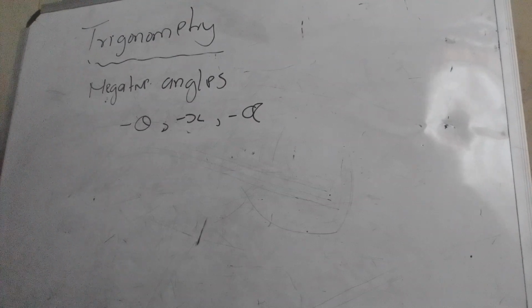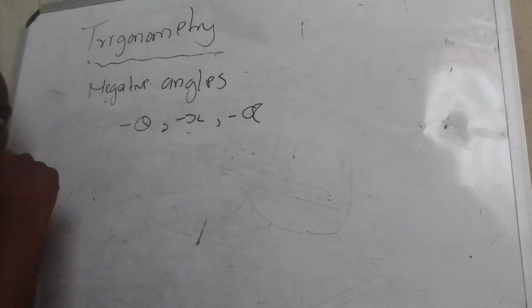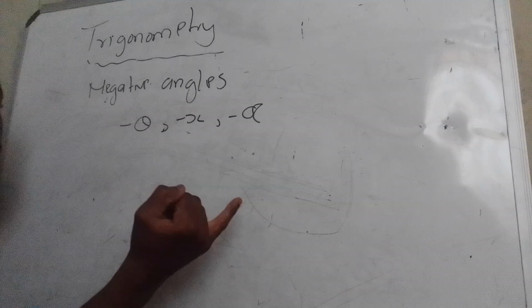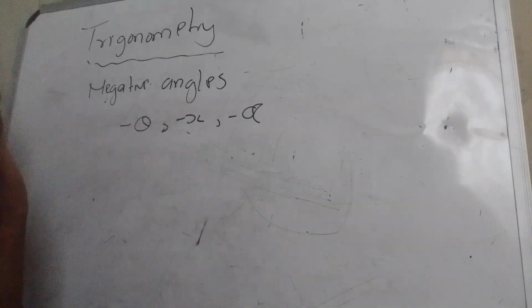So when we're having negative angles, we have these three trig ratios: sin theta, cos theta, and tan theta.